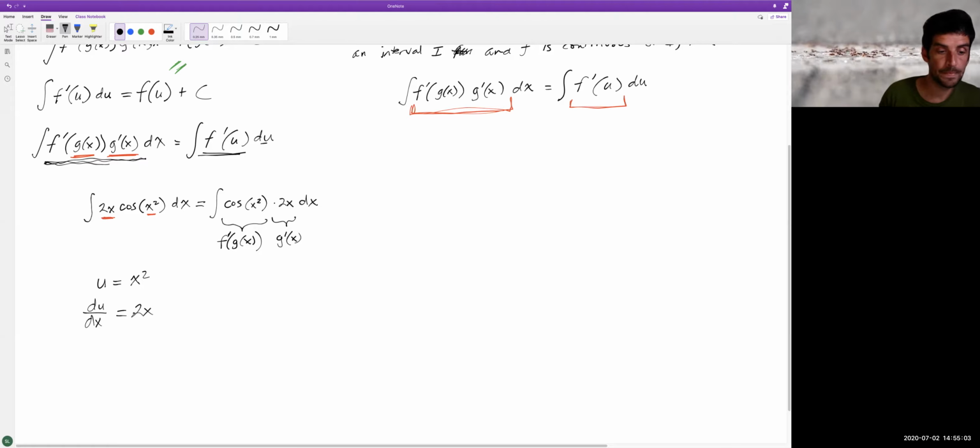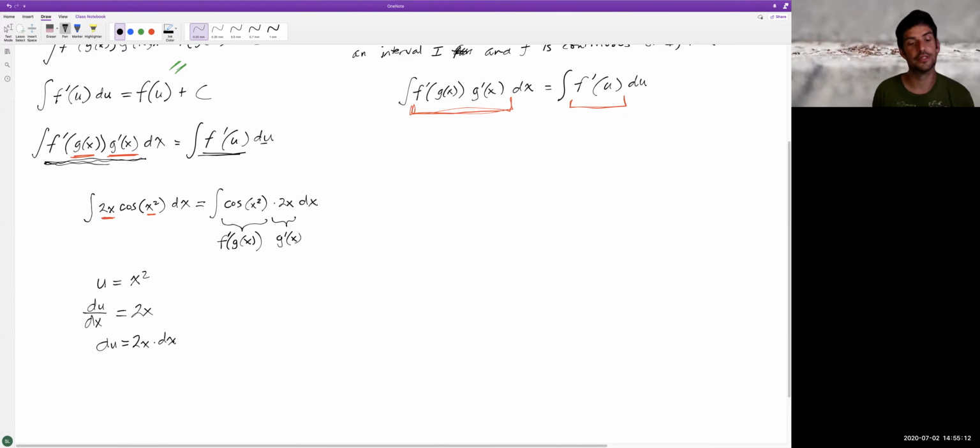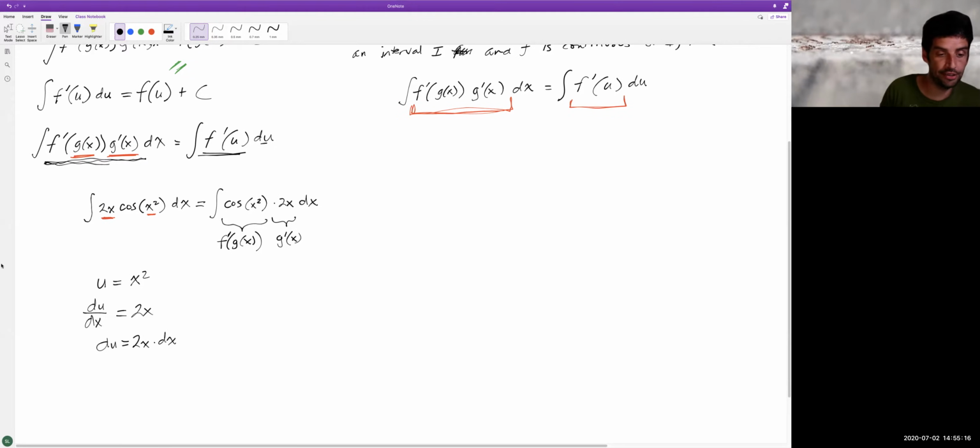Okay? And then I'm going to move the dx to the other side as I would a fraction, okay? This is not entirely correct on how we're thinking about it, but as a notation, this is going to work for us. It's going to tell us exactly what to write next, okay?